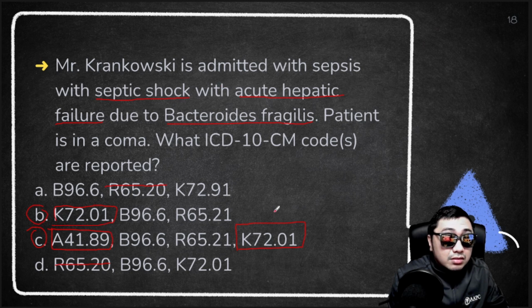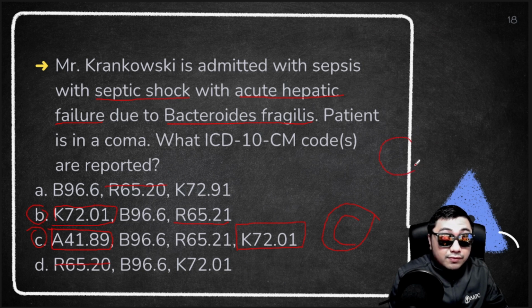However, the guideline states that your organ failure should go after your septic shock. We will choose letter C instead. And your A41.89 is your causal organism. It's the Bacteroides fragilis. Okay? But it will fall under the category other organisms. So letter C is the final answer in this question.